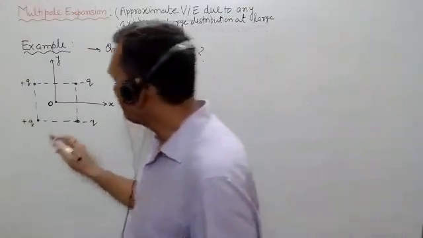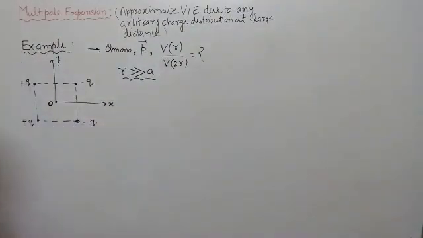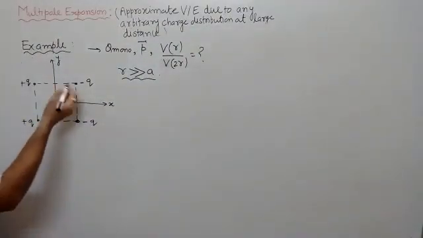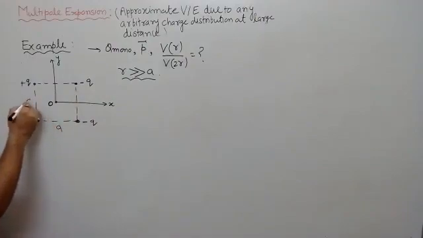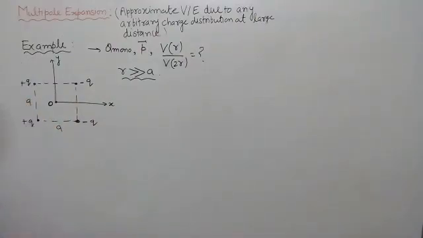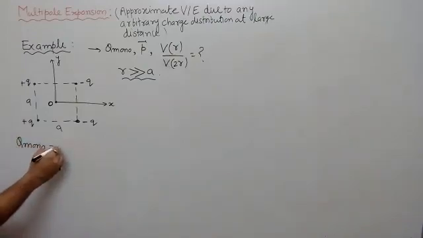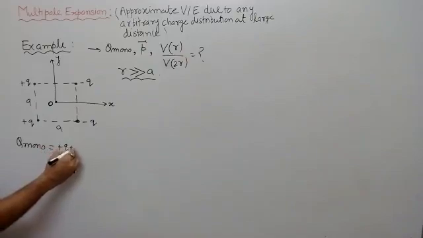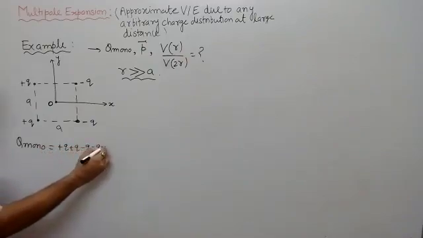And their sides are A. This is A. So you can easily see q mono. What will be q mono in this case? 0 plus q minus q minus q.